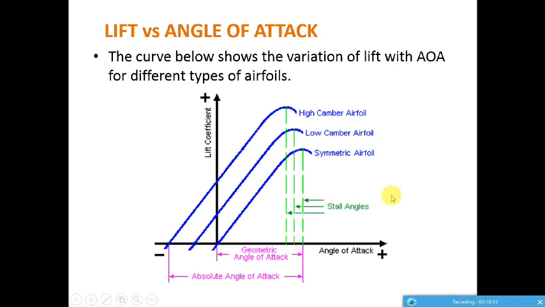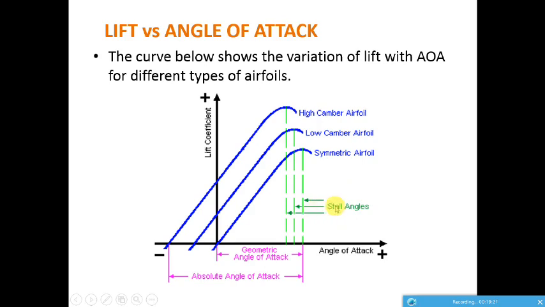So at this stall angle, what is stall angle? Stall angle is the maximum angle of attack at which the aircraft can fly without a stall. If you increase the angle a little further after the stall angle, then the aircraft stalls.